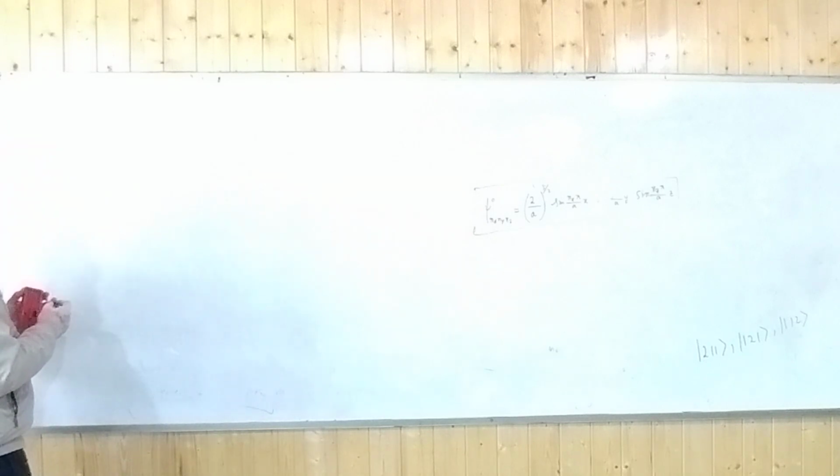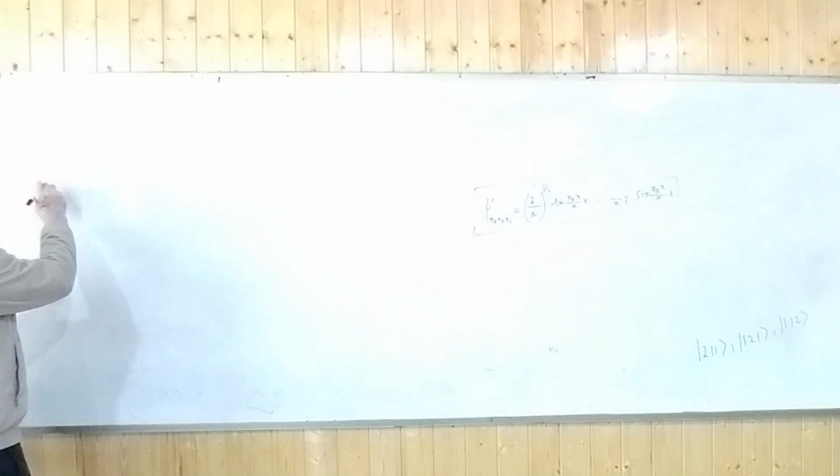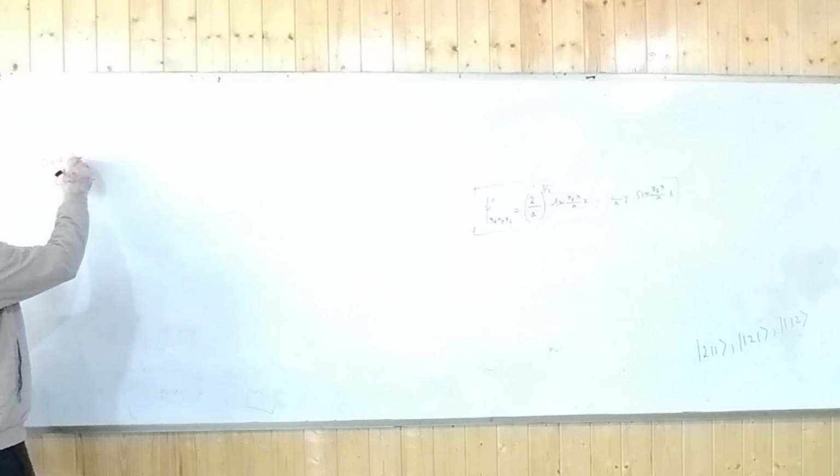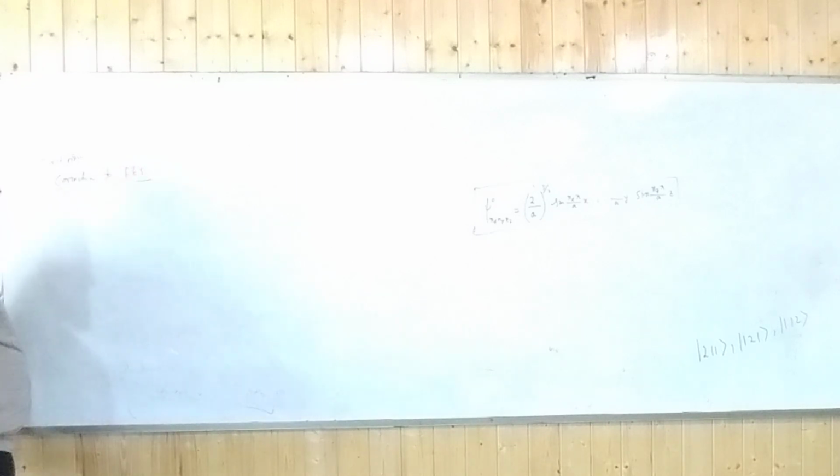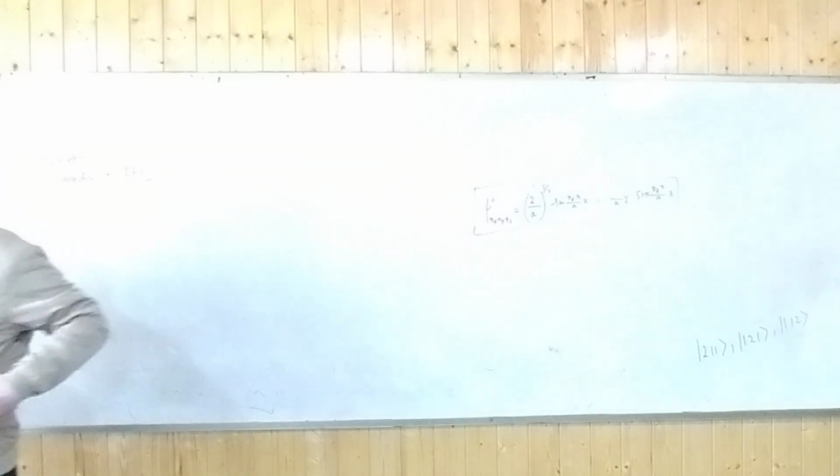So let's calculate this H ij, the first order correction to the first excited state. What do I need? These are degenerate. Clear? So let's do it.